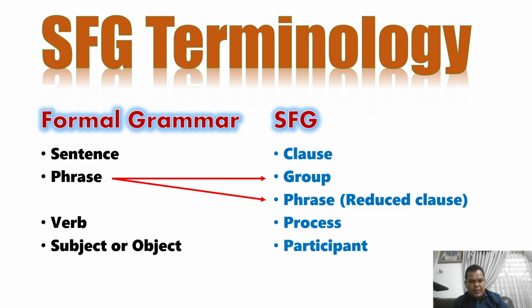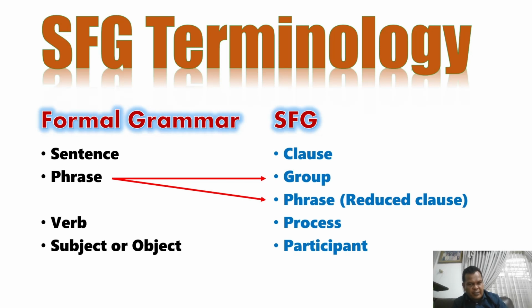Now, for the term phrase in SFG, you are also introduced to the term phrase, but the term phrase in SFG is limited to the group of words which is the result of a reduced clause. Therefore, if you have, for example, smart student, that is not called a phrase in SFG.